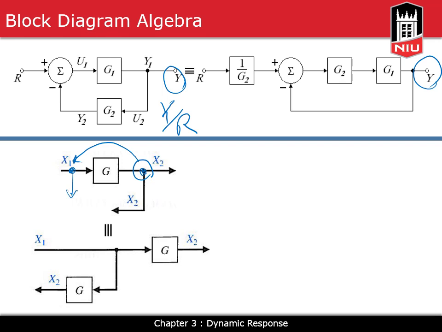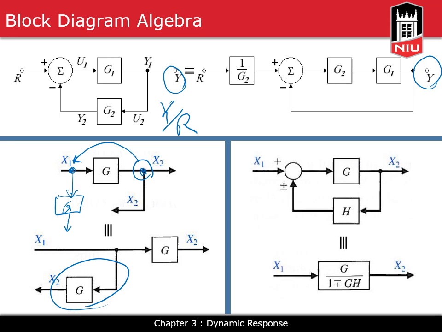That is not exactly the same as what I am picking up on the right side of the G block. So I can add a G block there, and then the output would be exactly G times x1, equivalent to x2. So you can see the result down here. If you move that pickoff point before the block, you have to multiply by the transfer function of that block to have the same signals.